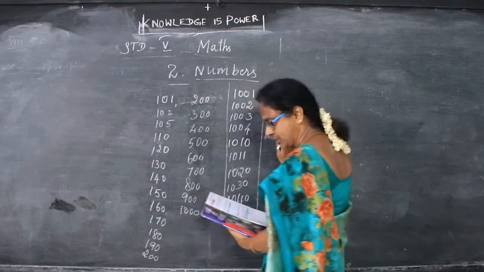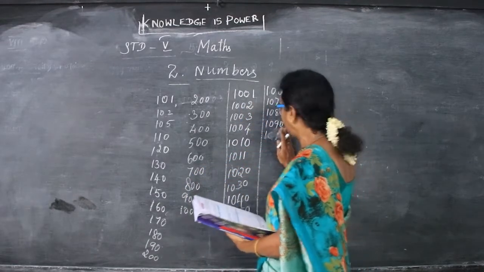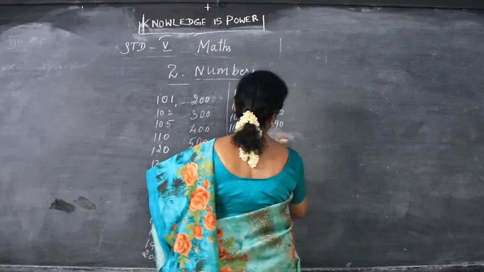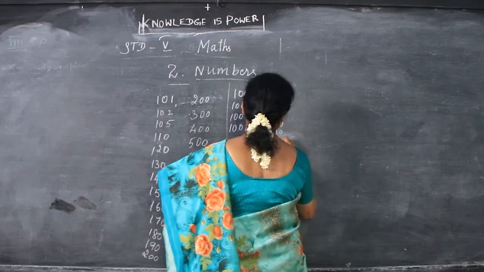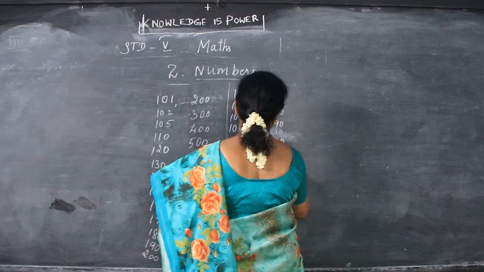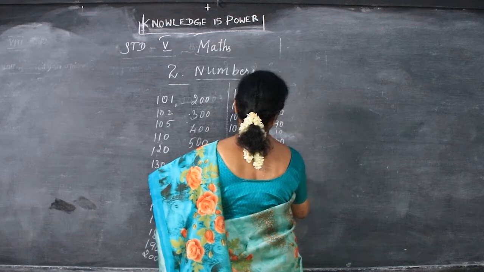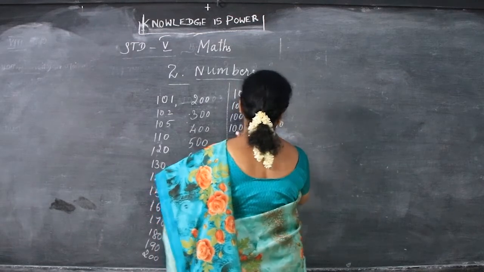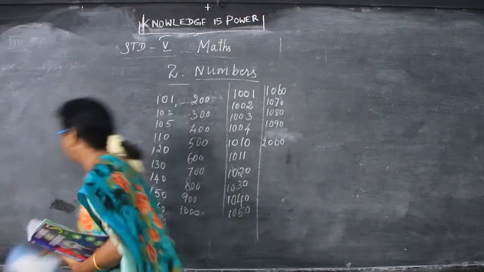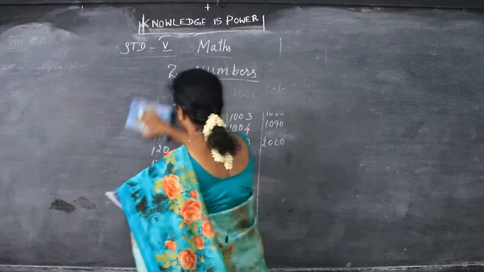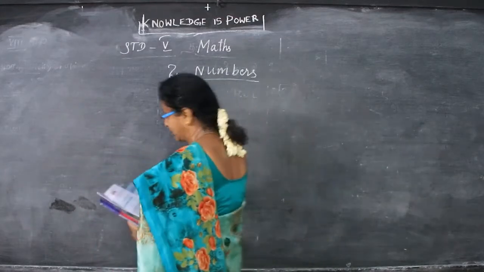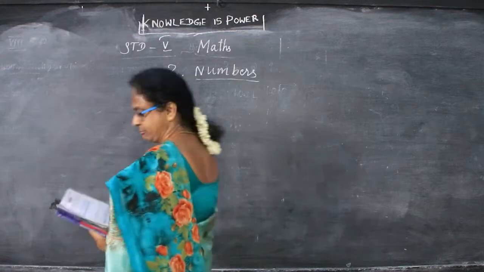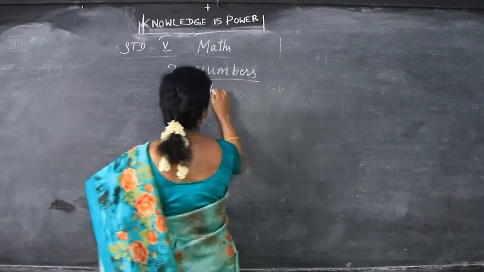So now we are going to see the numbers beyond 10,000. Okay, so like this, 2,000, 3,000, 4,000, like that up to 10,000 also. Now we are going to learn about numbers beyond 10,000.